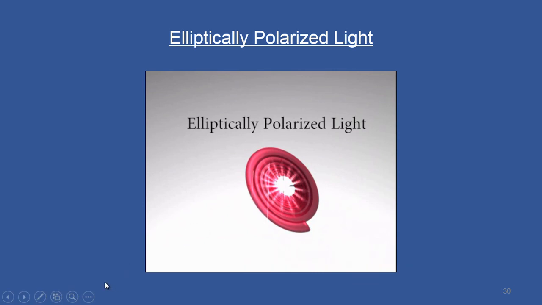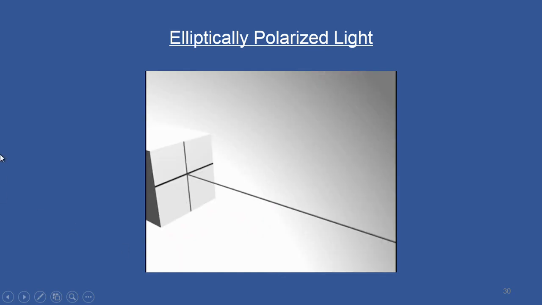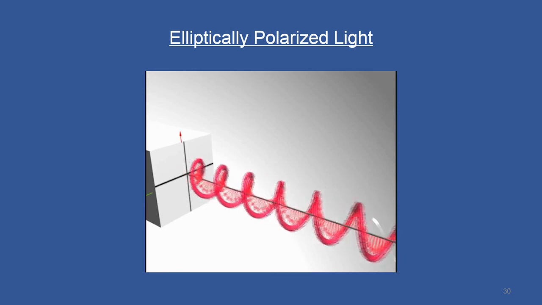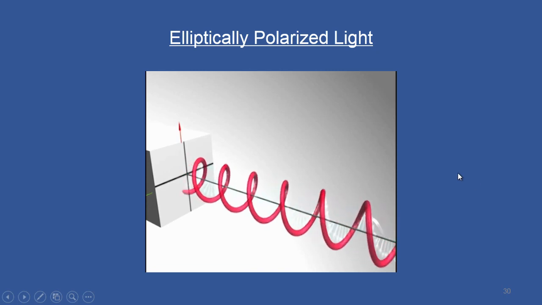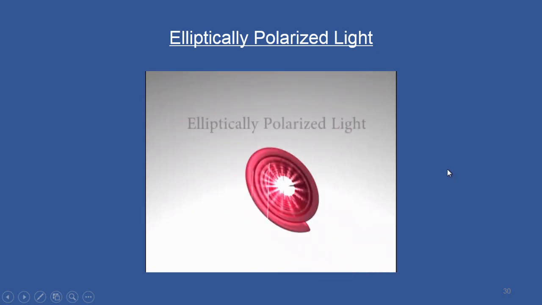I will play this again to appreciate how elliptically polarized light is generated. You have the ordinary ray and extraordinary ray vibrating in mutually perpendicular planes, and if the mutual phase shift is dynamic, then you will see the wave propagating in an elliptical manner. So, this is elliptically polarized light. I hope this animation helps you to appreciate this concept.